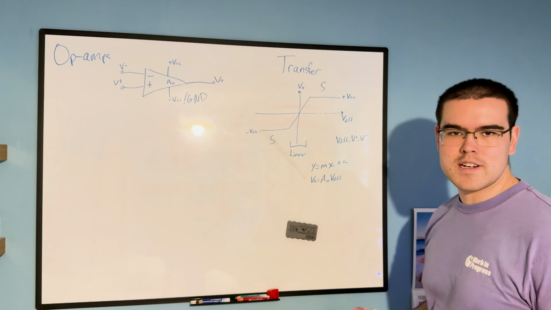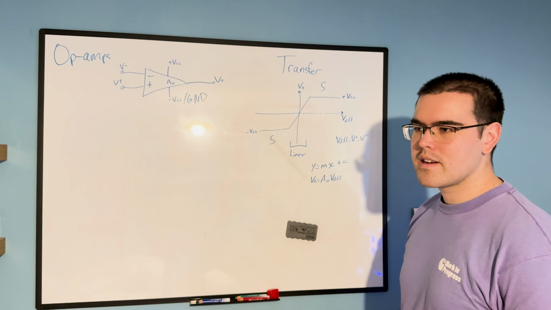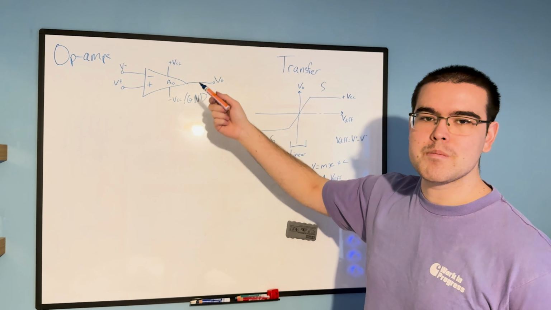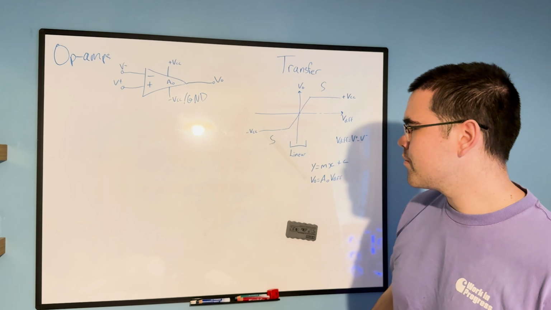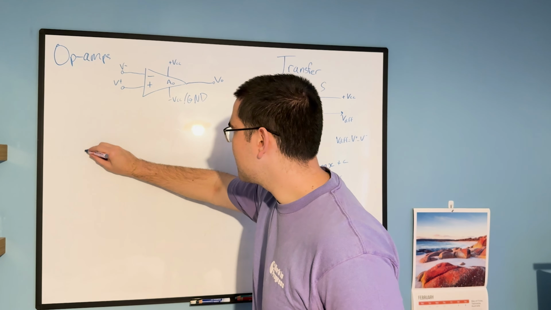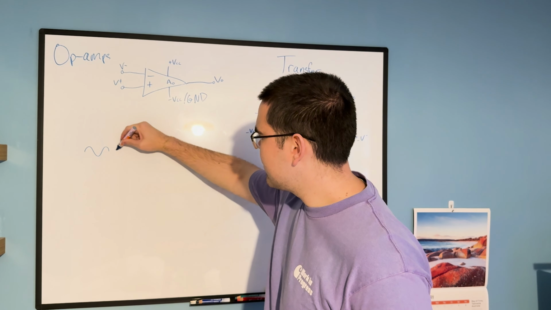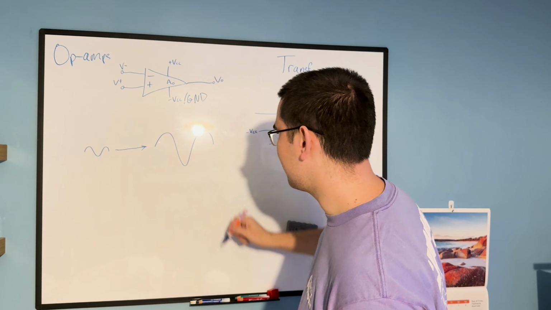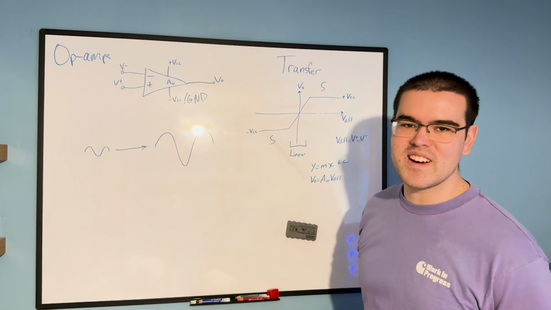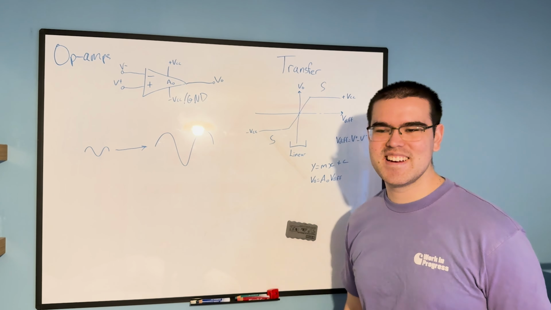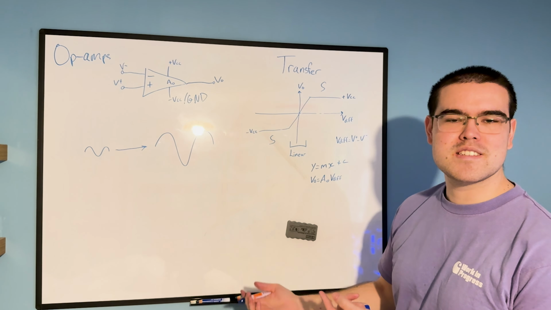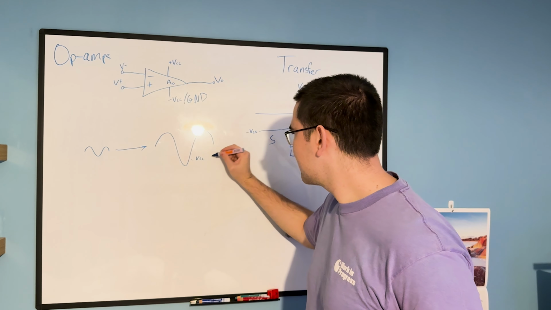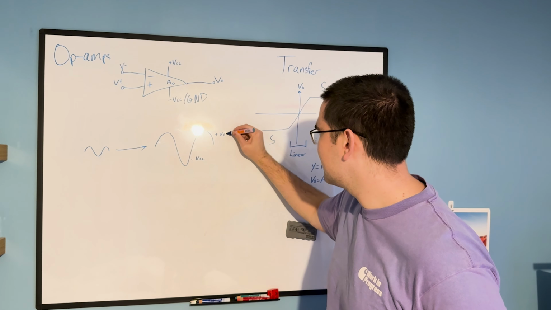I just want to show you what saturation looks like, in the case that we input a sine wave into this amplifier. What happens if it exceeds the supply rails? Let's say we have this small sine wave, it goes through the op amp, and now it's a really big sine wave. Happy days, right? Wow, life is good. But it's exceeded our limits. Oh no. Minus VCC is here, and plus VCC is here.